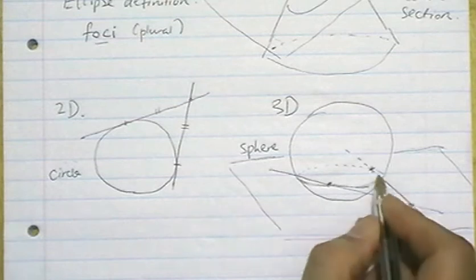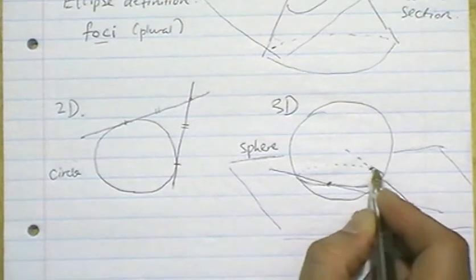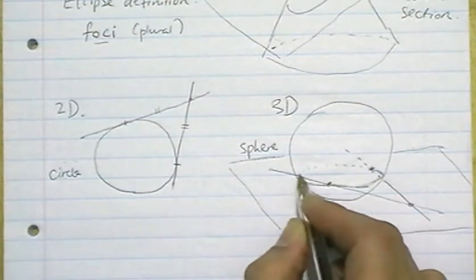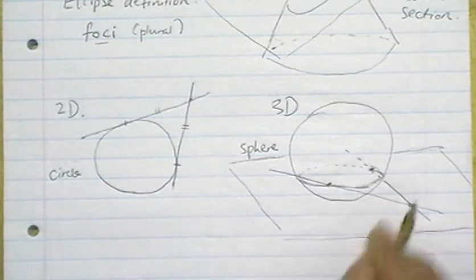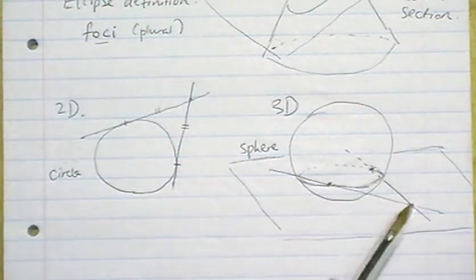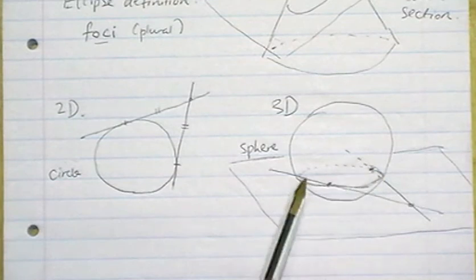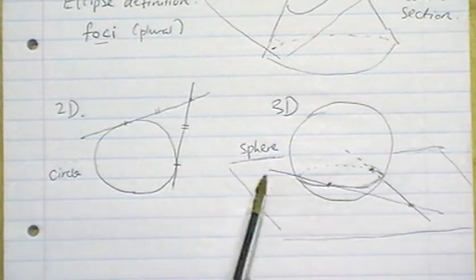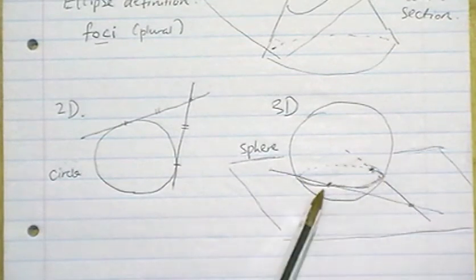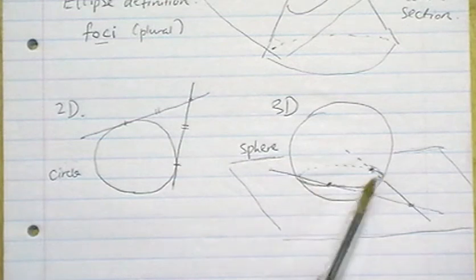So you see now that I have this circle which is in the plane, and I have these two lines touching the sphere and therefore also touching the circle.